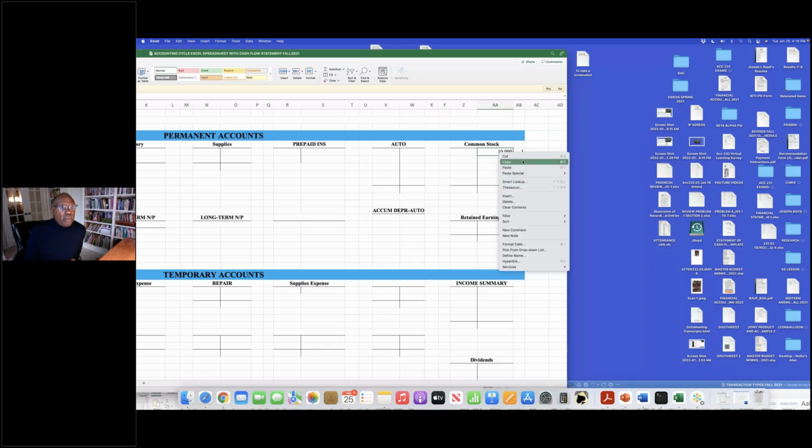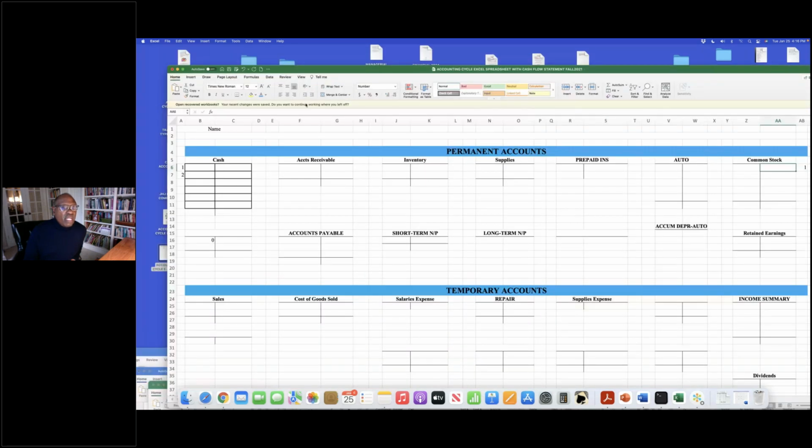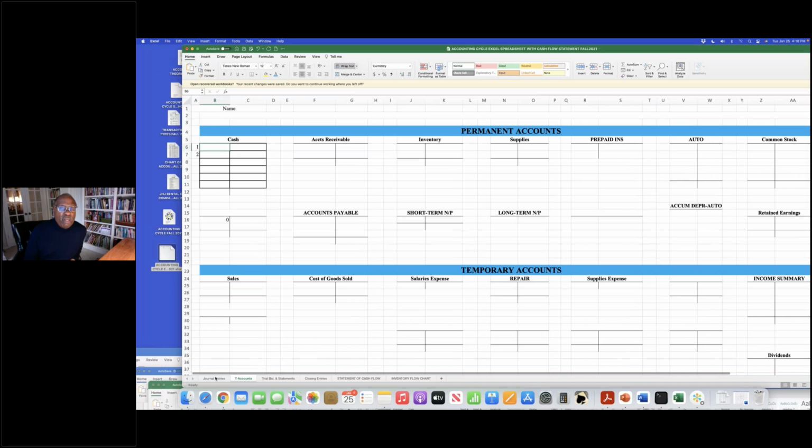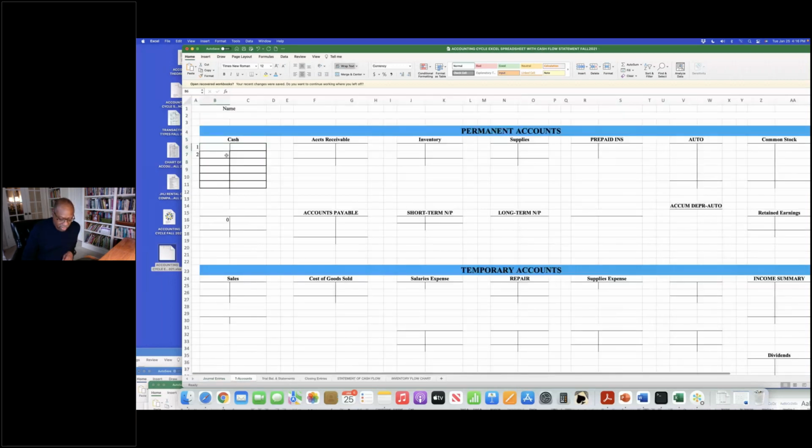Okay, so when we post to the ledger, we go back to the journal entry. If it's a debit in the journal entry, it's a debit in the ledger. If it's a credit, it's a credit. So when we go to the T account, we're going to debit cash 200,000, and we're going to credit common stock 200,000.